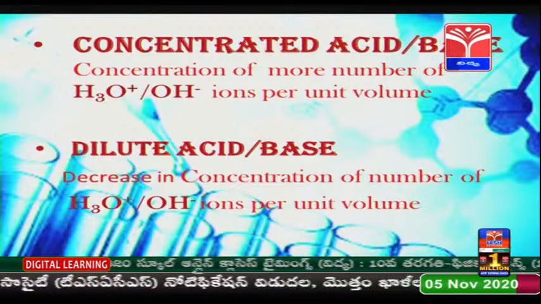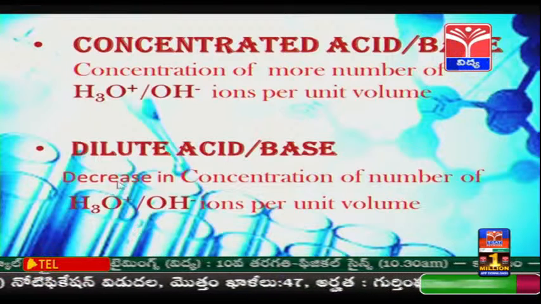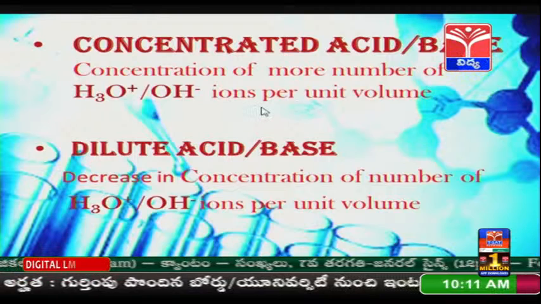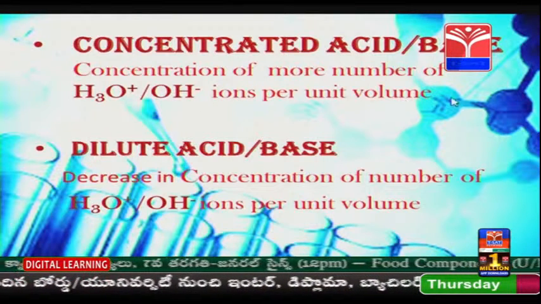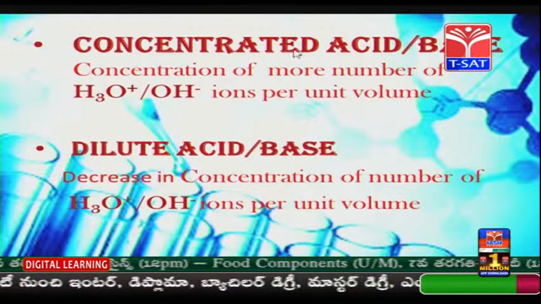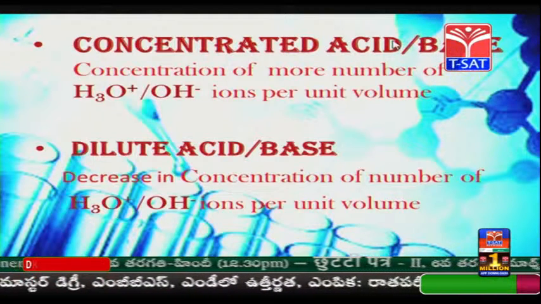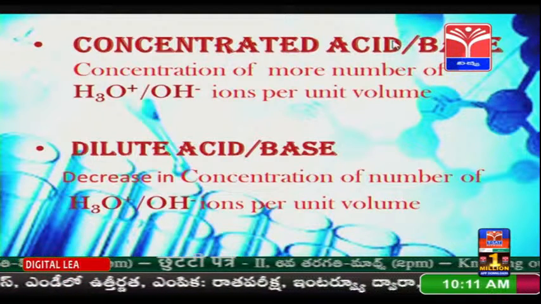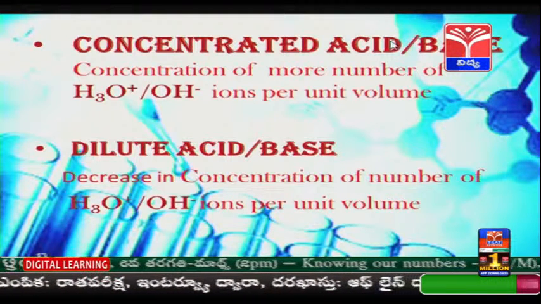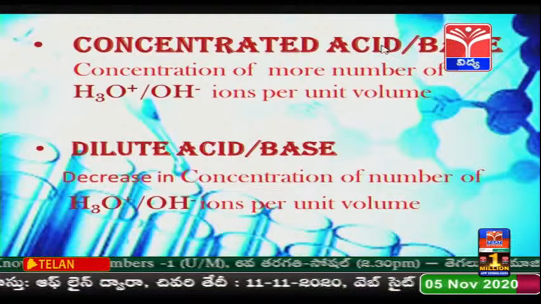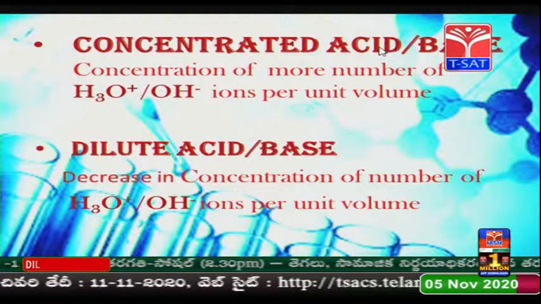Concentration of more number of H3O+, that is hydronium ions, or OH- ions per unit volume is called concentrated acid or concentrated base. If there are more number of H3O+ ions, it is called a concentrated acid. If there are more number of OH- ions per unit volume, it is called a concentrated base.